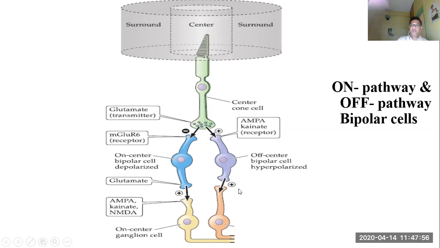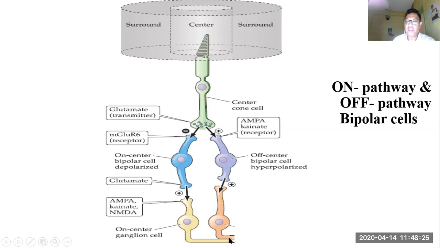So you see, presence of light here gives not one kind of signal, but two kinds of signal. A signal which is going through this ganglion cell. Obviously, in the ganglion cell, this will be action potential. Up till here, it is graded potential, release of neurotransmitter, graded potential, release of neurotransmitter. From here onward, it is action potential.